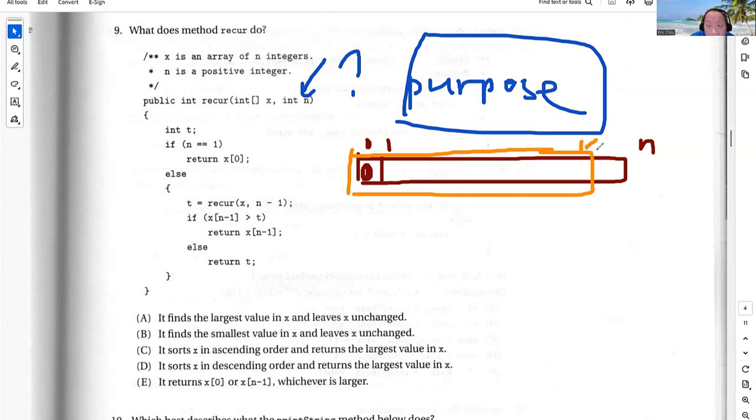And you will compare this result and this number. If this number is bigger, you will return this one. If not, you will return the previous result. So apparently, this one is finding the maximum. It's finding the largest number in x, and x does not change. So that's the purpose.